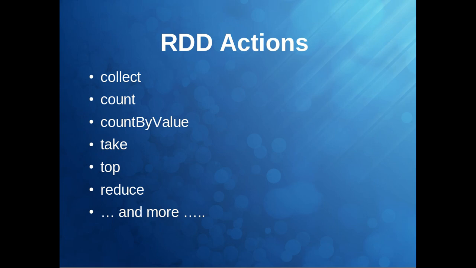Internally, it is not fetching any data or doing any operation unless we call any of the actions. Collect is basically, let's say you have performed certain transformations and finally you got an RDD. Then you want your result back in your driver program. In that case, you use collect, and it will fetch you all the results. A lot of things happen behind the scenes.